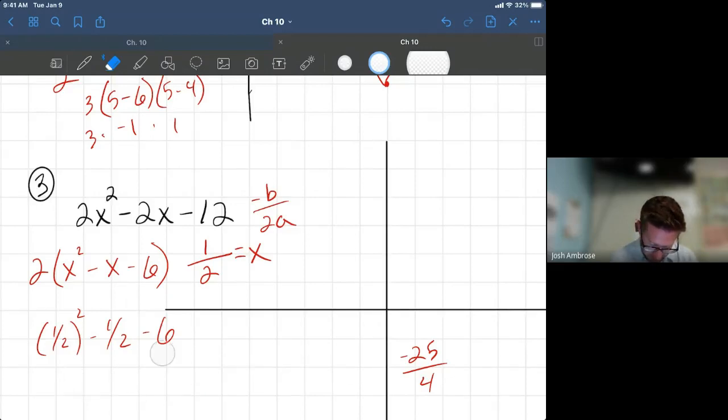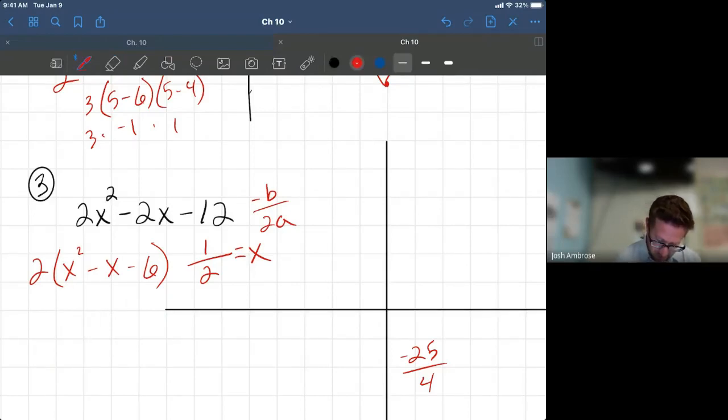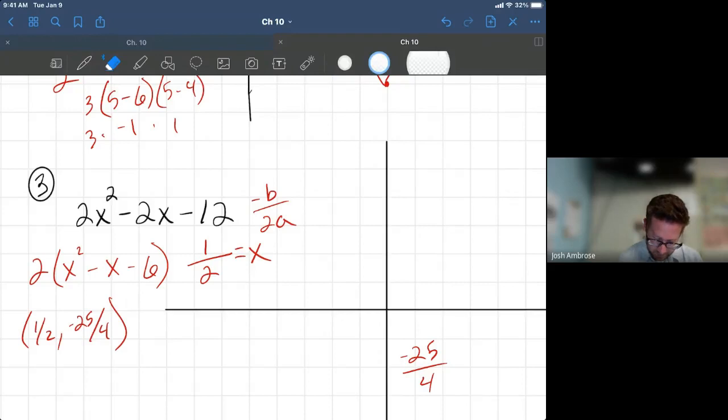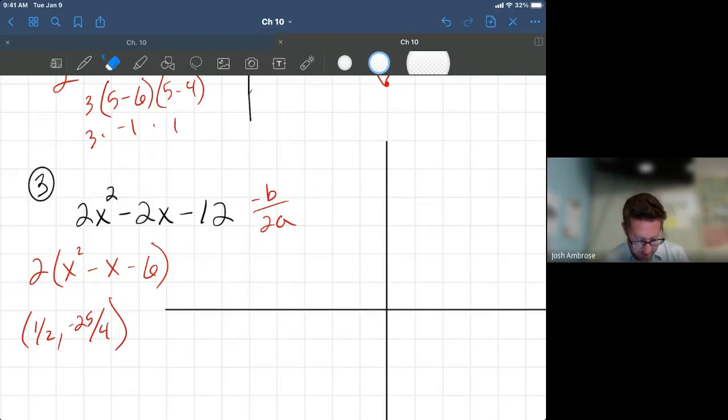So we can get the vertex written over here as 1/2 comma negative 25/4. And there we go. Okay, that covers us for the vertex.